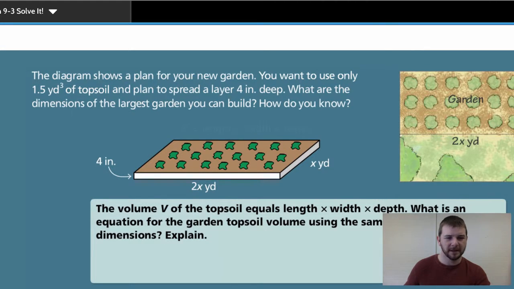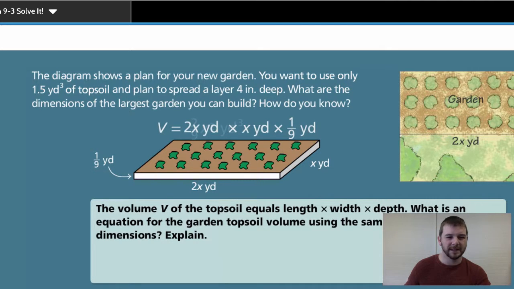Notice we have the dimensions labeled here on this rectangular prism that represents our topsoil. 4 inches deep, 2x yards long, and x yards wide. We know that volume equals length times width times depth.